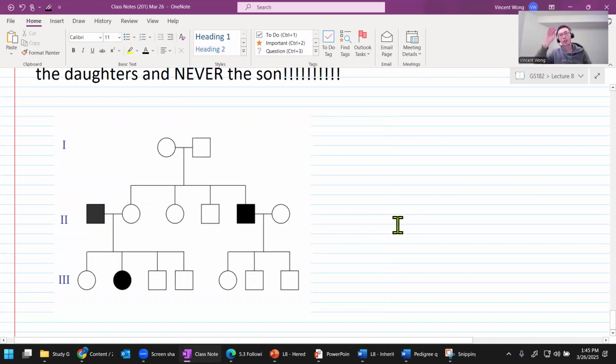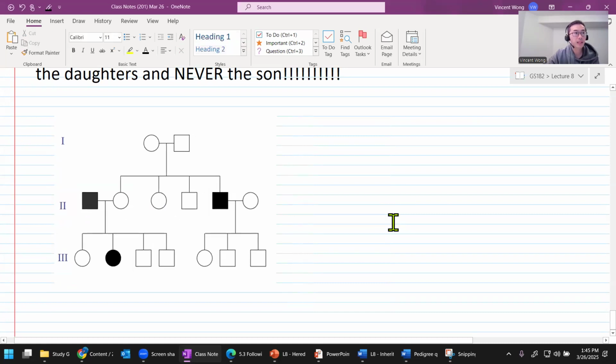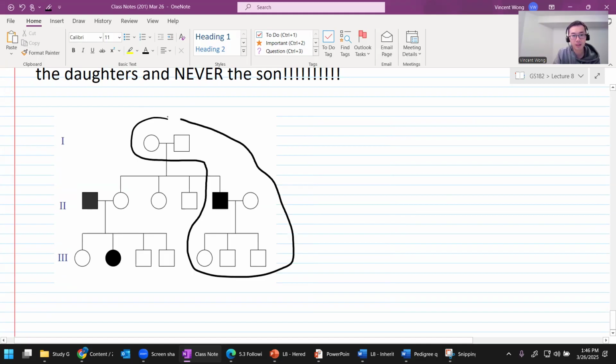Okay, here we go. Previously, we were just trying to figure out whether it's dominant or recessive. But now we learn about X-linked. We have to figure out whether it is autosomal or X-linked recessive or dominant. Let's take a look here. What do we see? First of all, there is generation skipping. Look at this side of the family tree. Nobody has it here, and then someone has it, and then it disappears again.